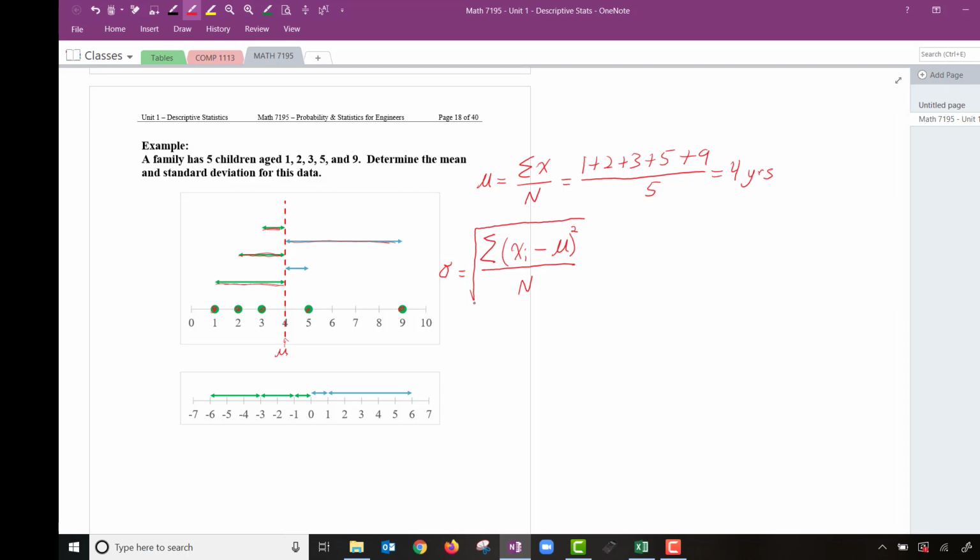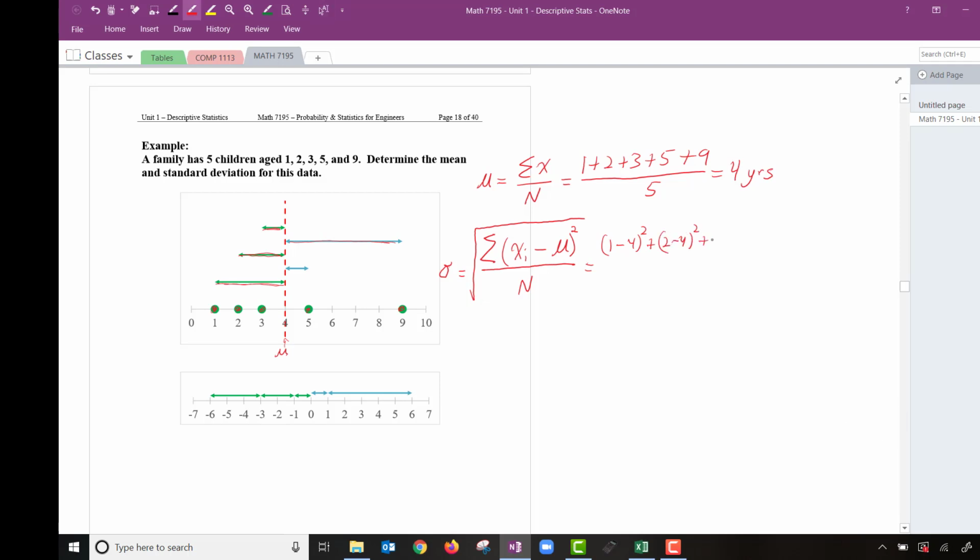So this isn't the mean distance of all the points from the mean. This is just an average. It's one way of doing it. In this case, we can do this calculation by hand. It's not too bad. Kid number 1 is 1 year old. The mean is 4, and we'll square it. And then we'll just do that for all of the children.